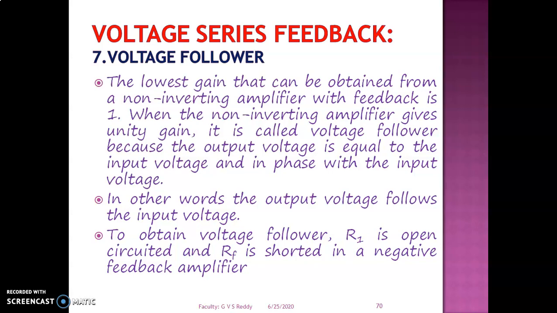In other words, the output voltage follows the input voltage. To obtain voltage follower, R1 is open circuited and RF is short circuited in a negative feedback amplifier.